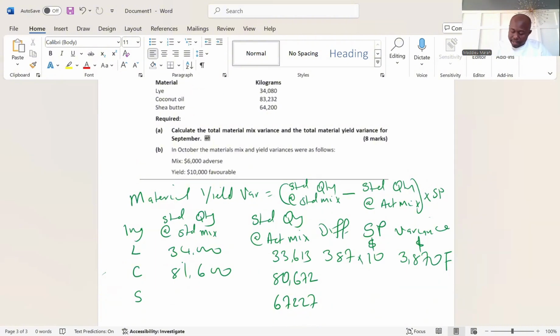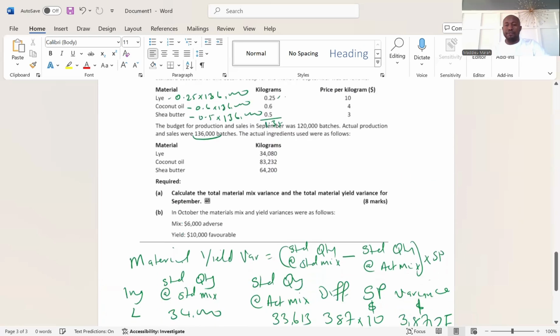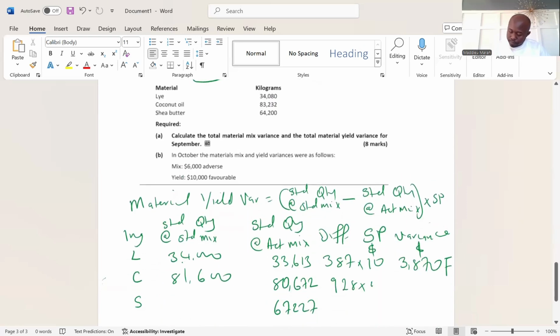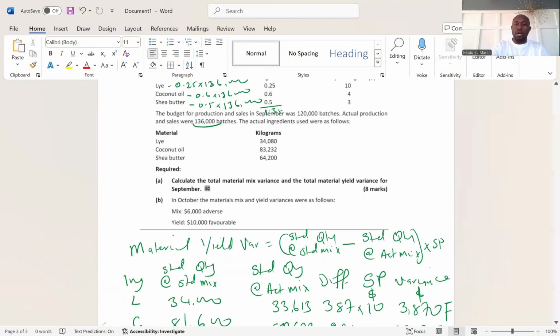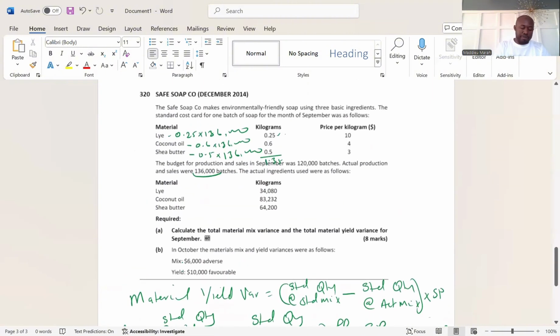This gives me 928 at my standard price of 4. This gives me 3,712. Favorable variance. Okay.